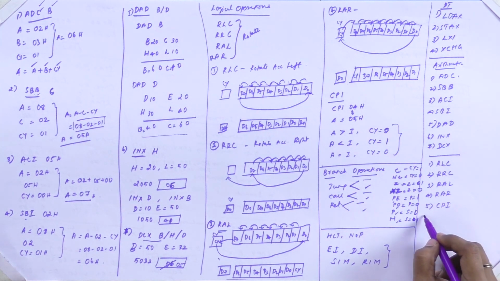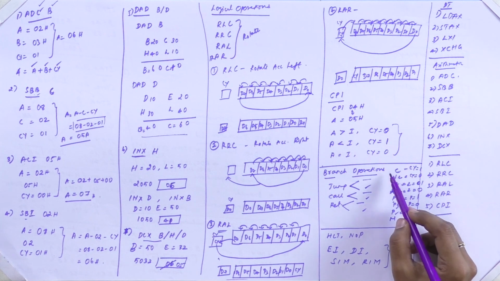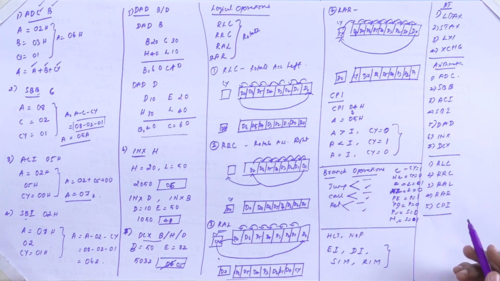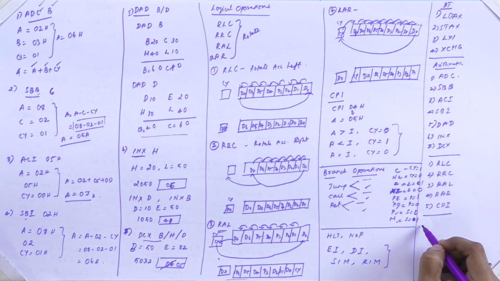And finally we have discussed the branch operations, that are basic operations: jump, call and return. And last, the additional machine control operations are EI, enable interrupt, DI, disable interrupt, then SIM, set interrupt mask, and the last one, RIM, read interrupt mask.